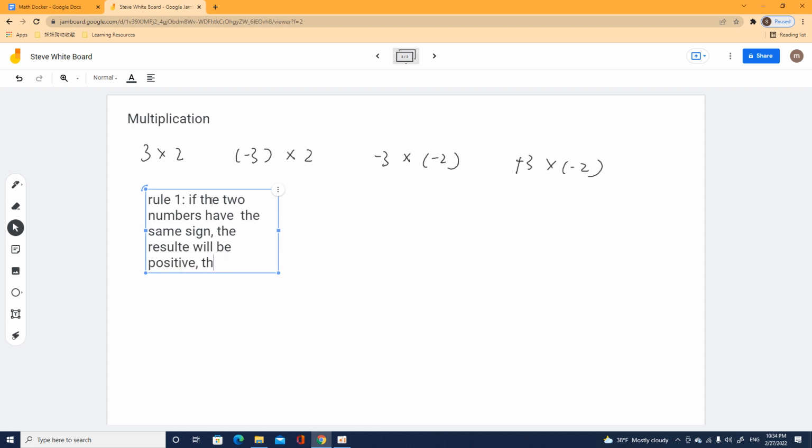Just multiply those two numbers' absolute value.